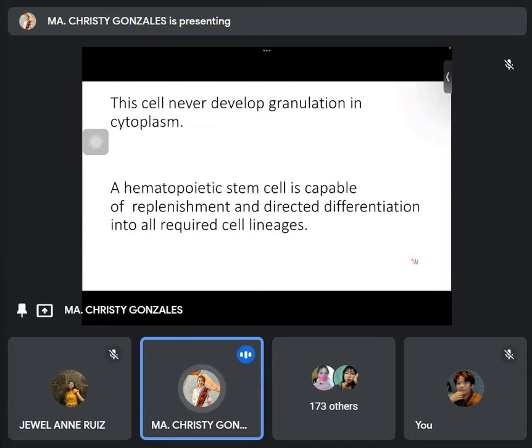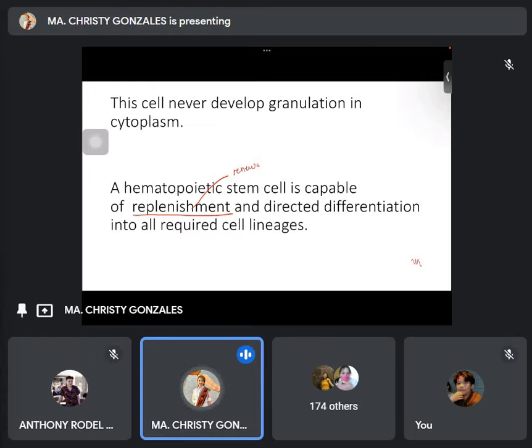A hematopoietic stem cell is capable of replenishment and directed differentiation into all required cell lineages. There are several concepts mentioned in this one sentence. First, replenishment is another word for renewal.